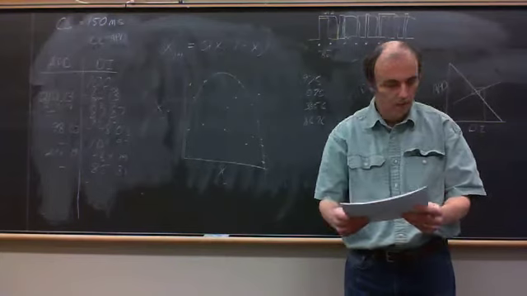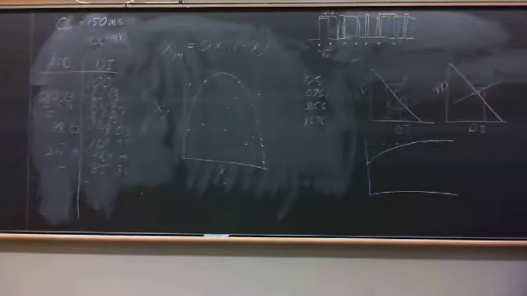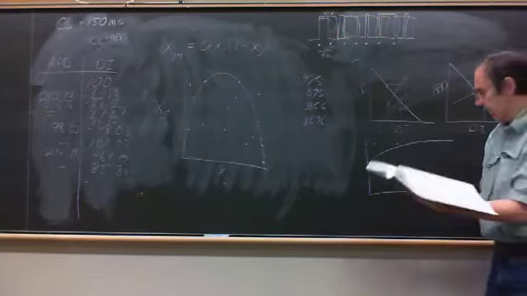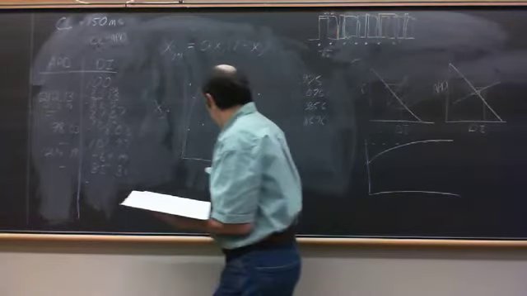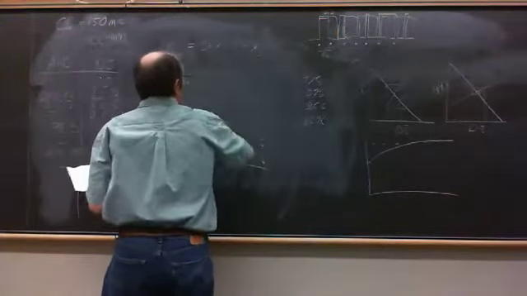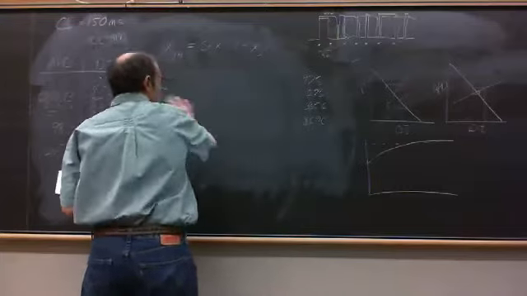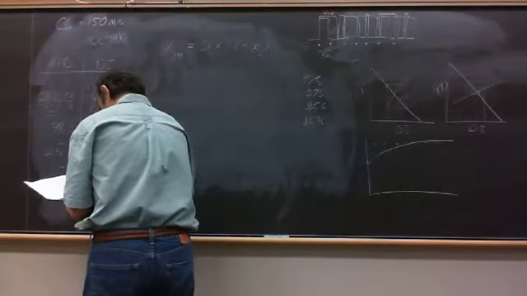Okay. Let me look at exactly how the problem was worded. 8.13 says the current along the axon is I0. So I'm going to erase this. Completely changed gears now, we're talking about chapter 8.